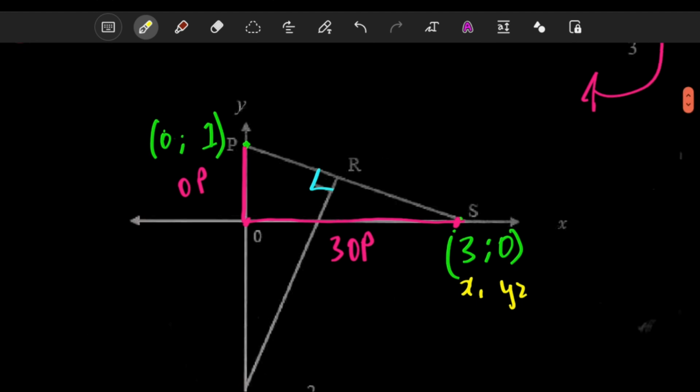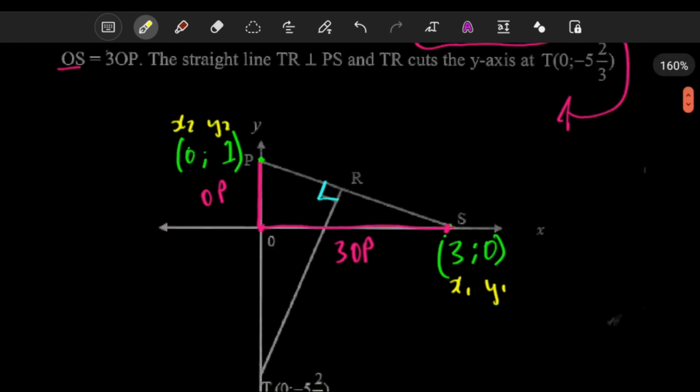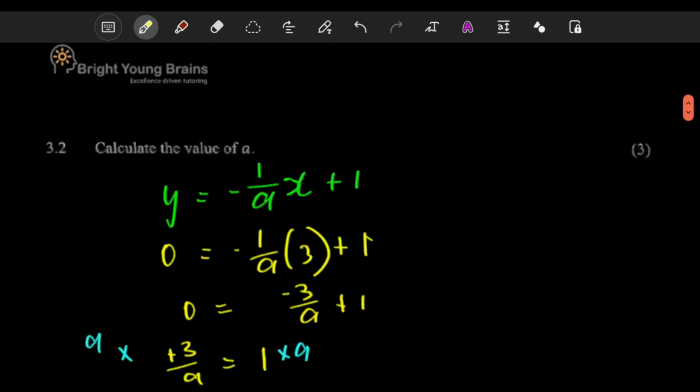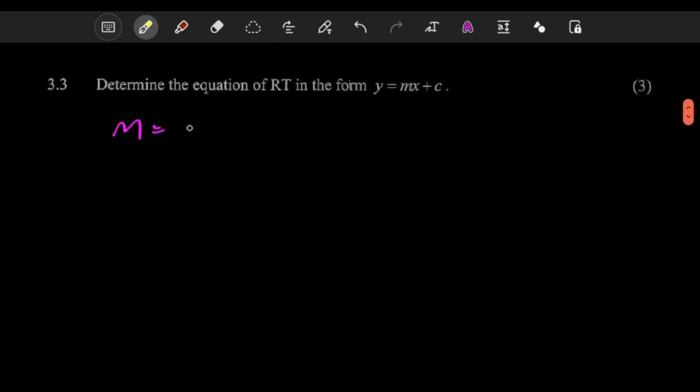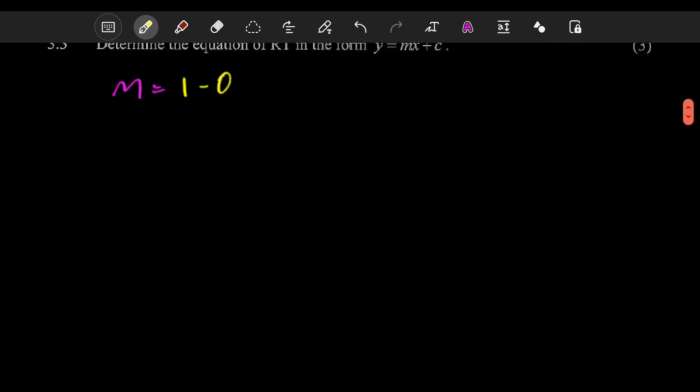But as long as they match, like here you have x1 and y1, and then here you have x2 and y2. So it's going to be 1 minus 0 and then 0 minus 3.